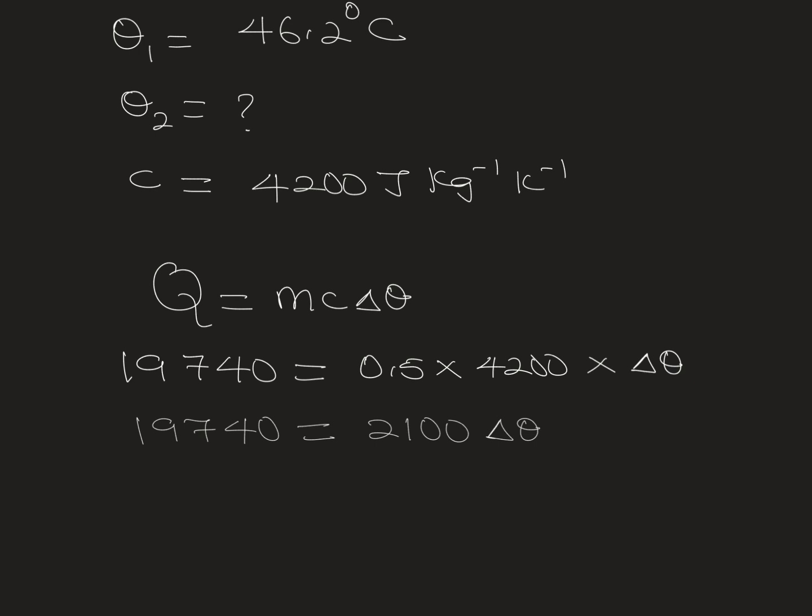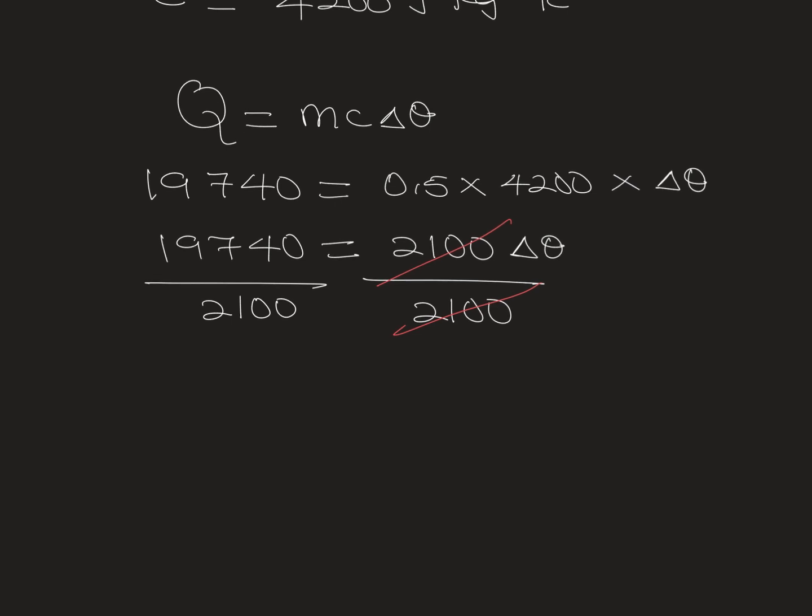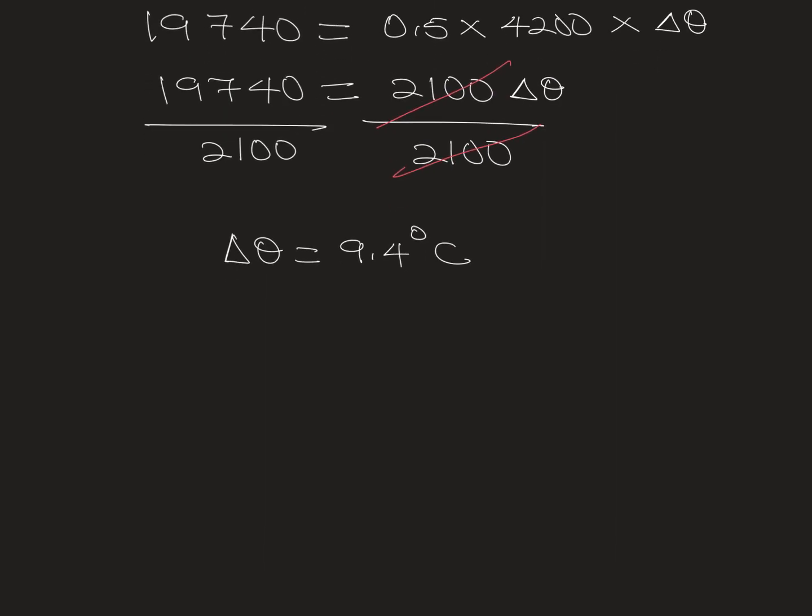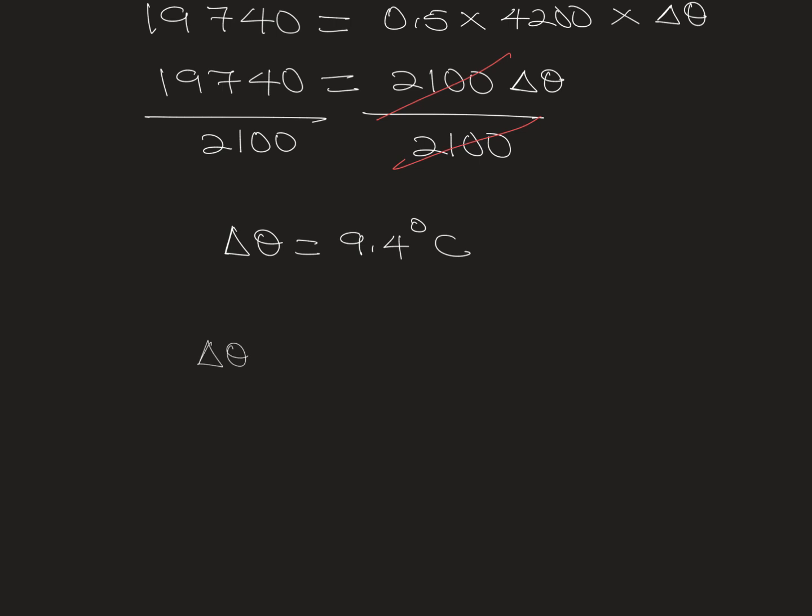To find delta theta, we will divide both sides by 2,100. This will cancel this. So delta theta is equal to 19,740 divided by 2,100, and that is 9.4 degrees Celsius.